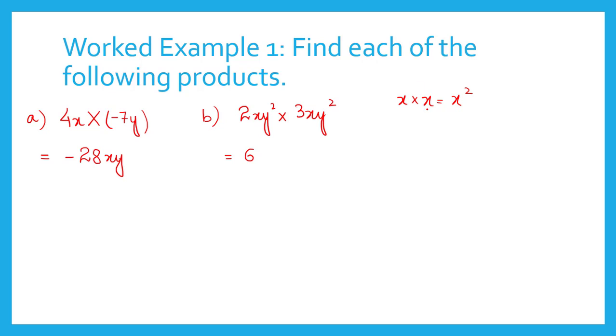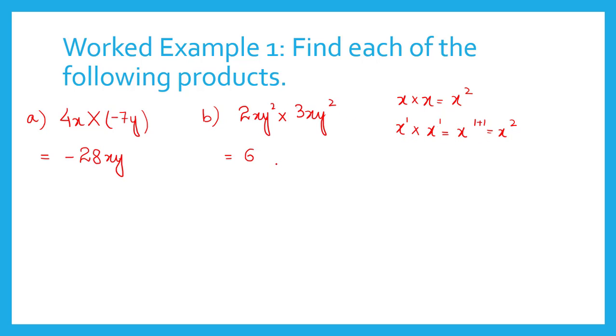Another way to see this is the power of x is 1 multiplied by the power of x here is 1. When no power has been written, it means that the power is 1. So simply add the powers together, 1 plus 1, which is x squared. So you can remember this either using the index notation or using this law of exponent.